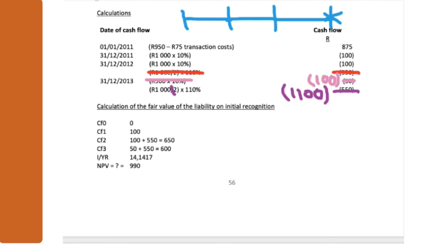In that case, your interest amounts for each of the years 2011, 2012, and 2013 would have been exactly the same. So you could enter those amounts as payment in your calculator because they are equal every single time.